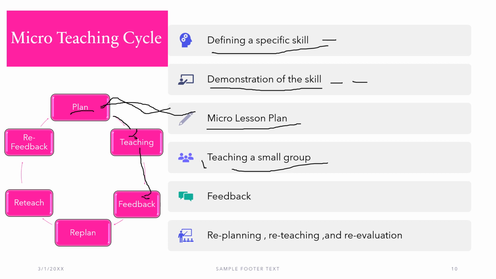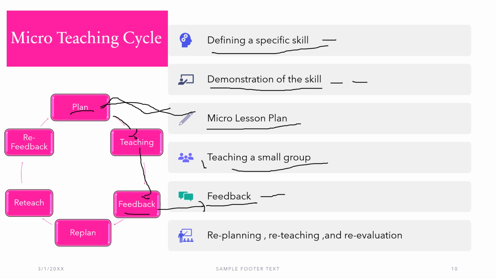This feedback is given by the supervisor or teacher educators. On the basis of observation of the lesson, the supervisor gives feedback to the teacher trainee. The supervisor reinforces the instances of effective use of the skill and draws the attention of the teacher trainee to the points where he could not do well.